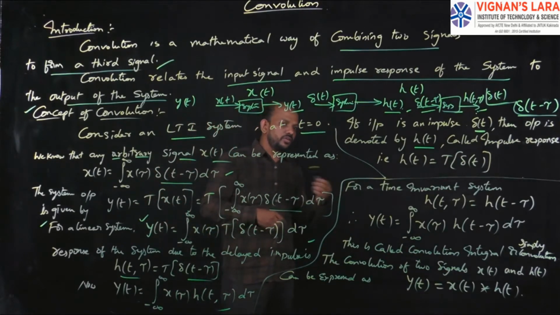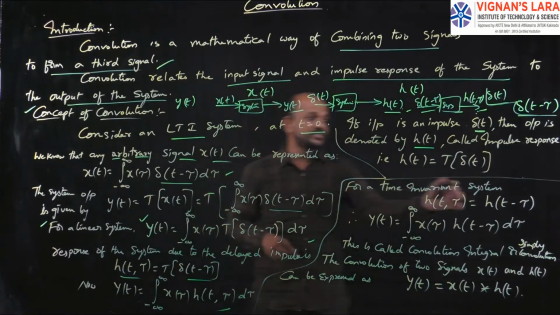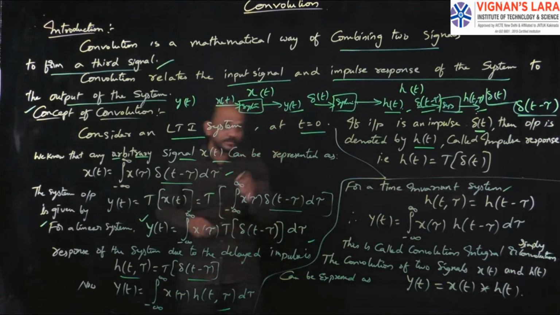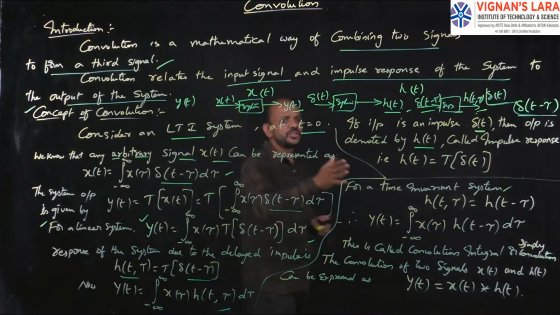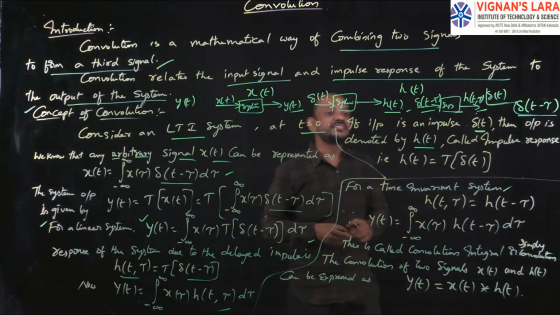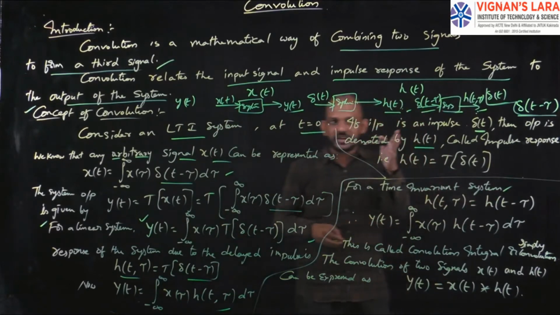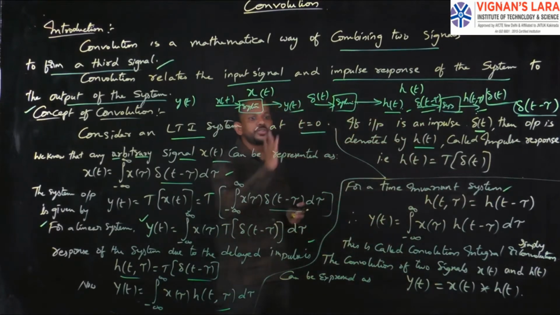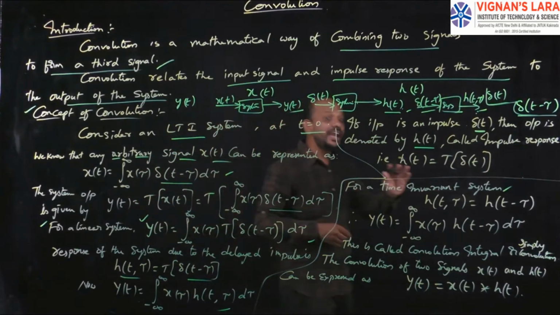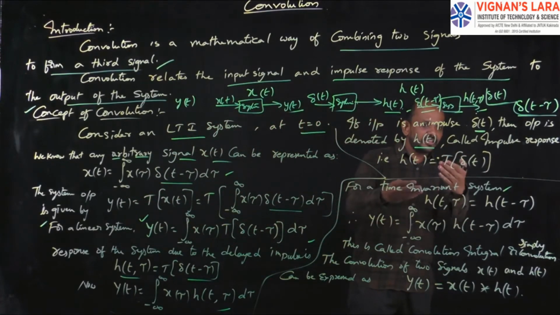So we all know that for a time invariant system, the output due to the delayed input is the same as the delayed output. So I am applying that concept here.